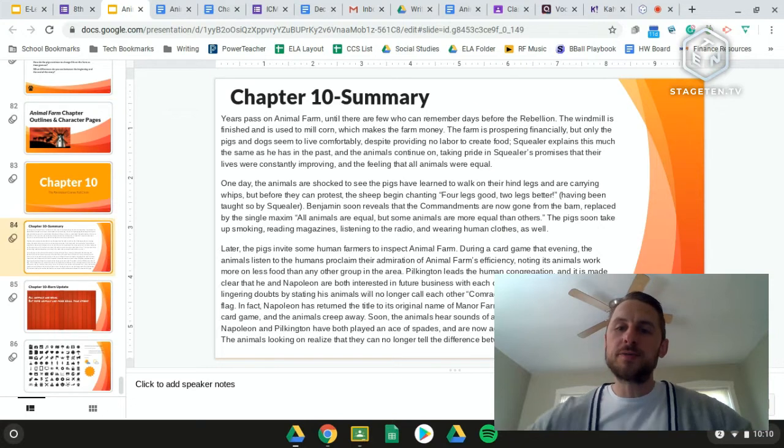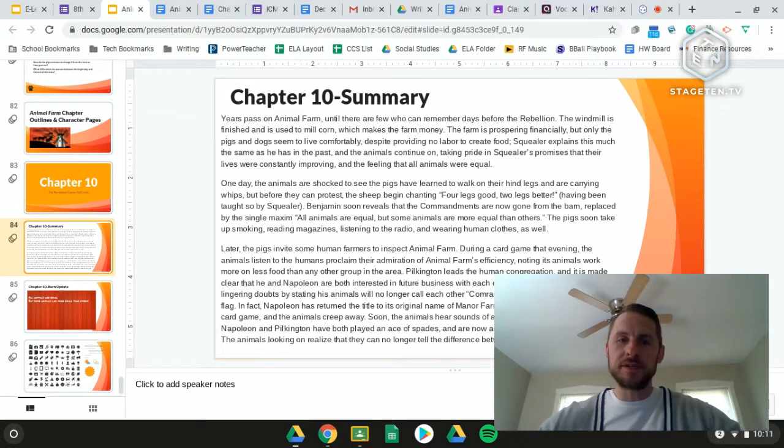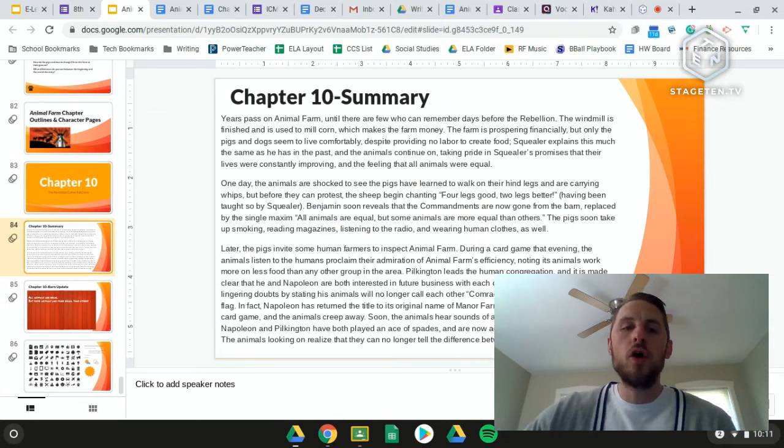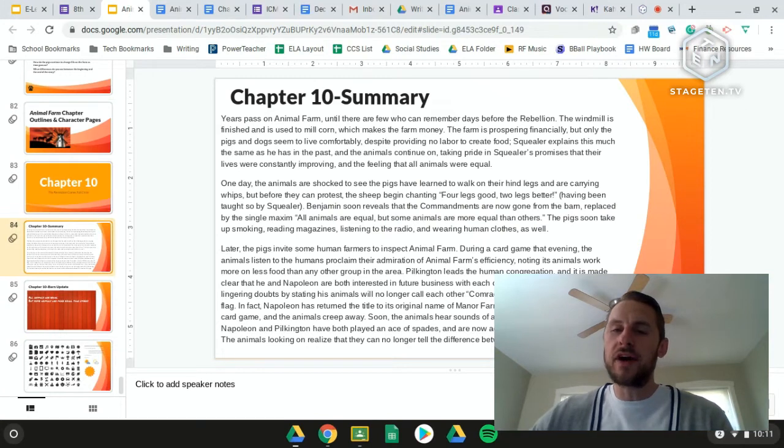The farm is prospering financially, but only the pigs and dogs seem to live comfortably despite providing no labor to create food. Squealer explains this much the same as he has in the past, and the animals continue on, taking pride in Squealer's promises that their lives are constantly improving and the feeling that all animals were equal. One day, the animals are shocked to see the pigs have learned to walk on their hind legs and are carrying whips.